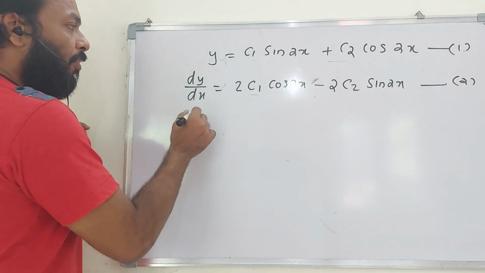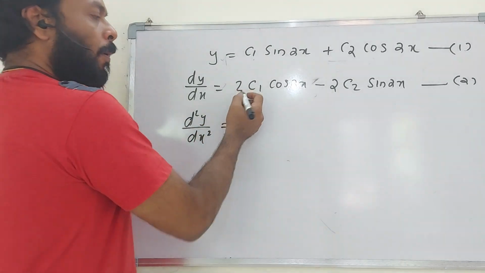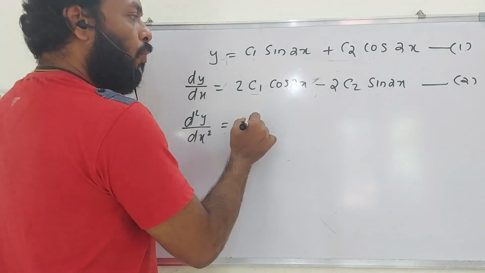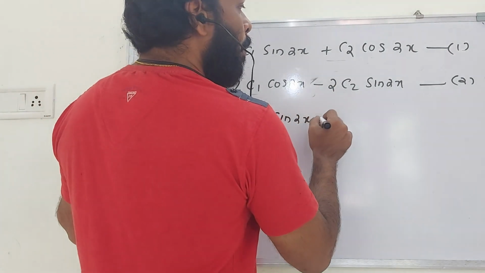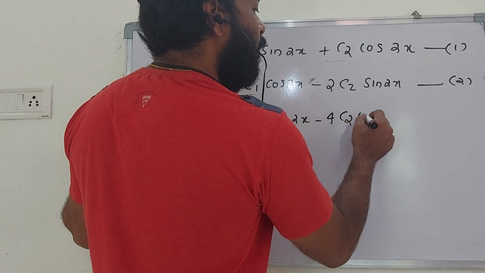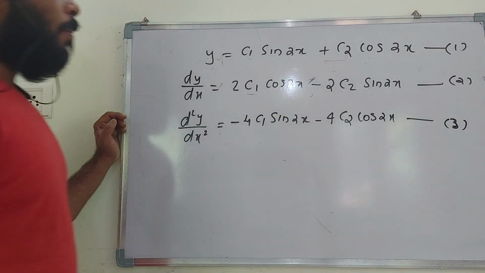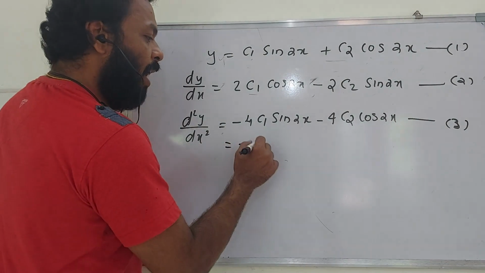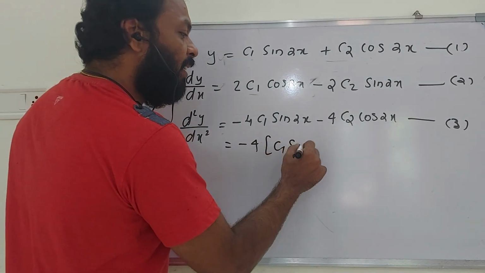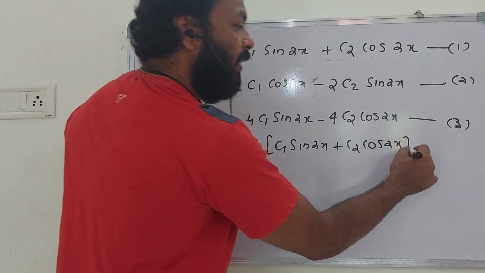Now differentiating again, we have d square y by dx square equal to minus 4 c1 sin 2x minus 4 c2 cos 2x. This is minus 4 into c1 sin 2x plus c2 cos 2x.